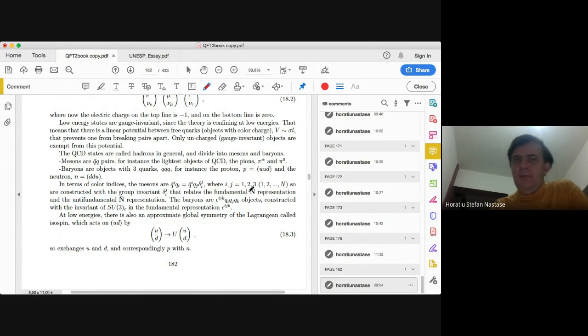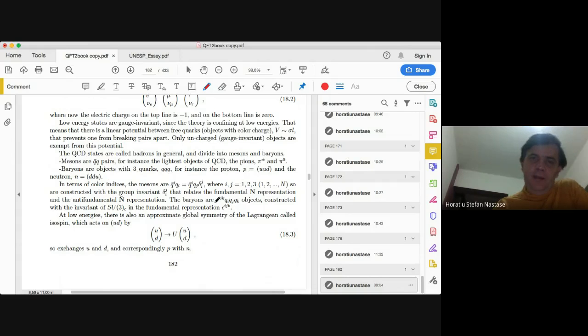The indices i, j are, of course, fundamental indices going from 1 to N of the gauge group. So it's Q bar Q contracted with a group invariant delta ij, an invariant that relates the fundamental representation N with an anti-fundamental representation N bar.